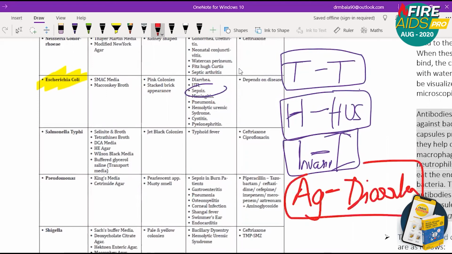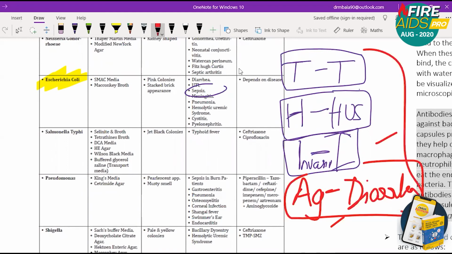ETEC, EHEC, EIEC, EAEC. Aggregative, invasive, hemolytic uremic syndrome, that is H, hemorrhagic type. T for traveler's diarrhea, toxigenic type. So these are highly important, so you must focus on them.